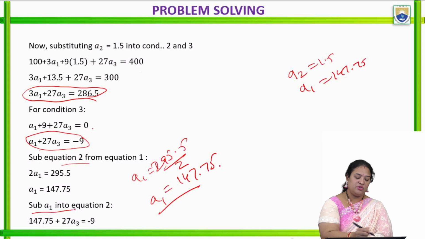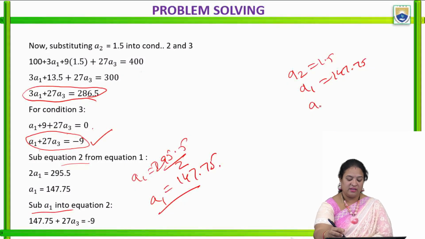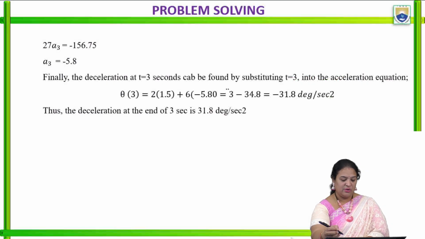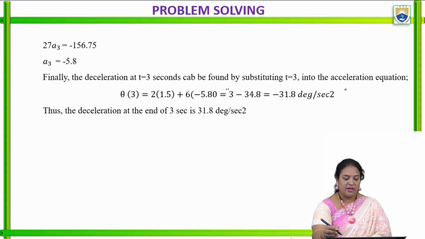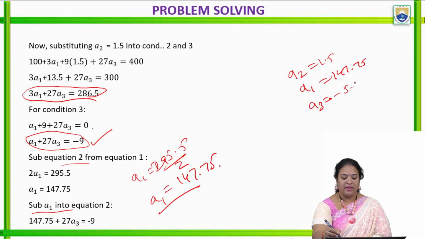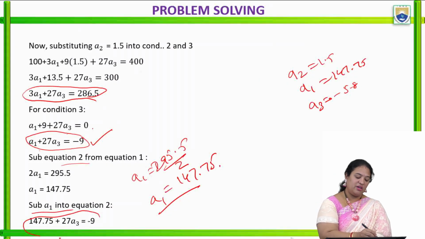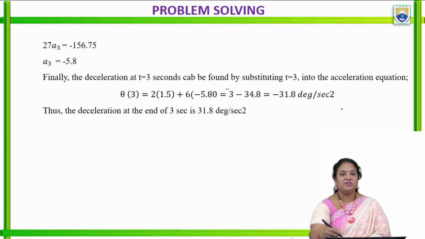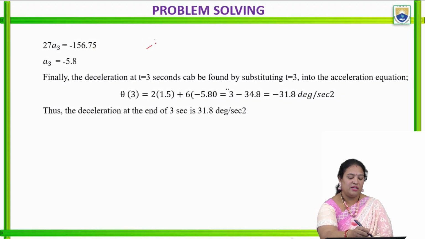In the same way, substitute the a1 value in equation number 3. So what are we getting? We get the a3 value also. 27a3 is equal to minus 156.75, so a3 is minus 156.75 by 27, which is nothing but minus 5.8.